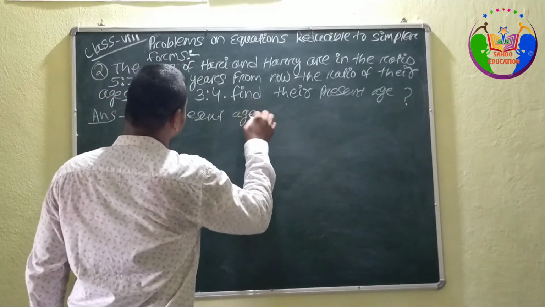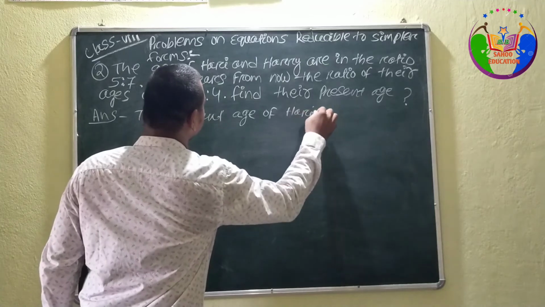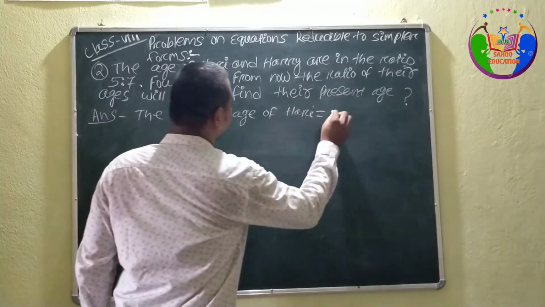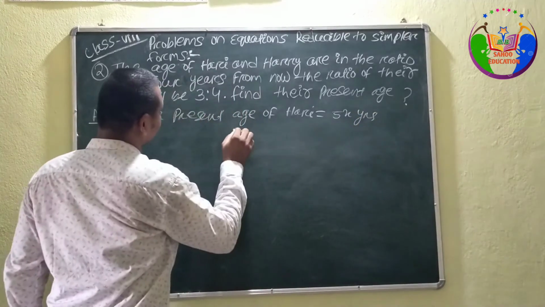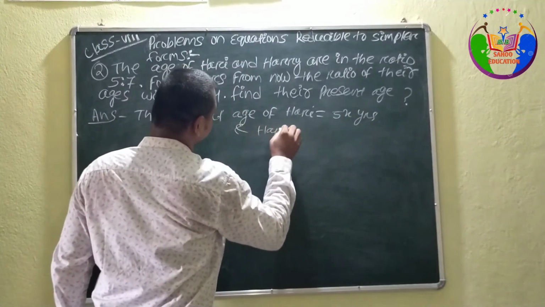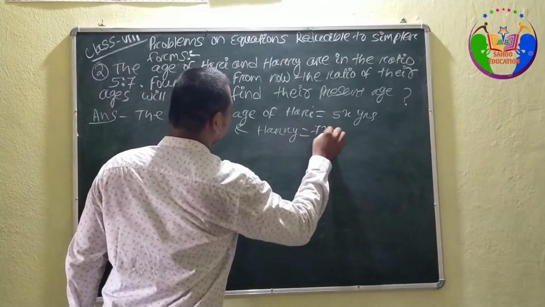Let us write the present age of Hari is equal to 5x years and Harry is equal to 7x years.